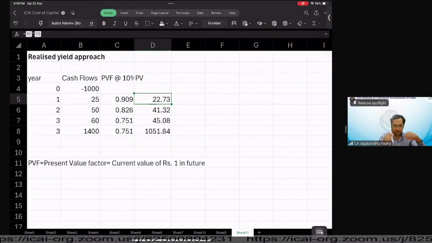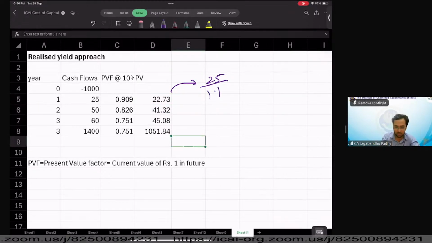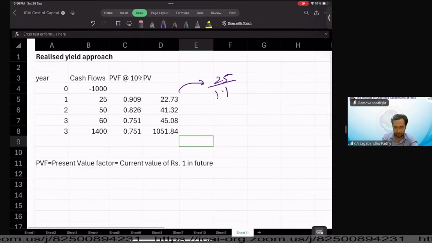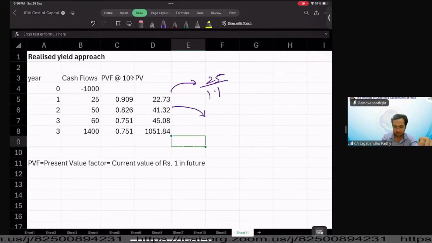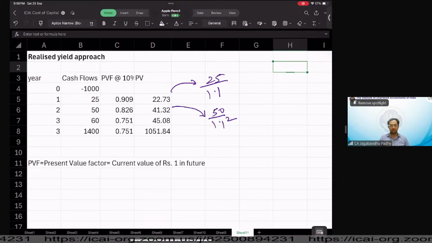So this 22.75 is nothing but 25 divided by 1.1. And this 41.32 is the 50 divided by 1.1 square. So instead of calculating individually, we simply take the present value numbers.